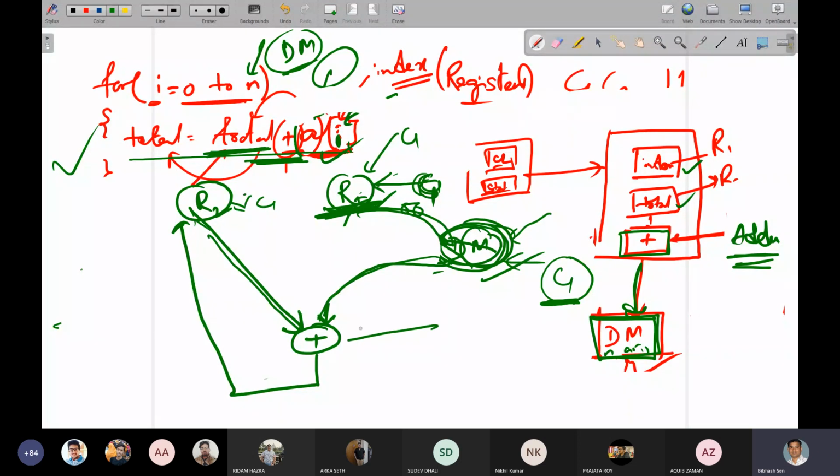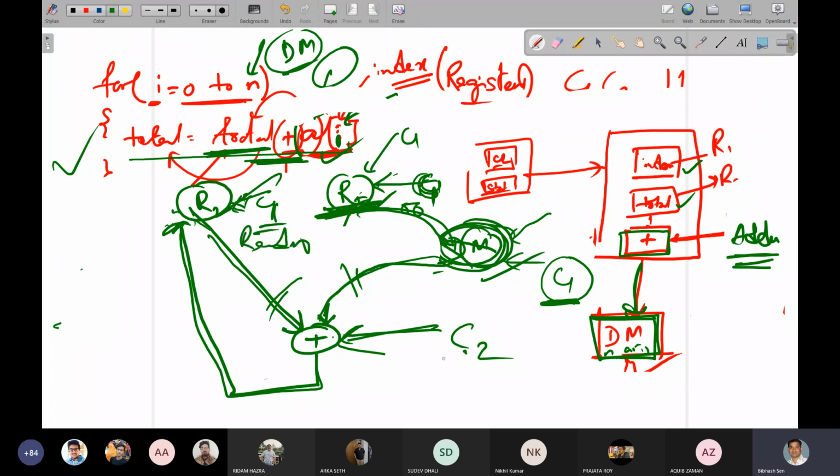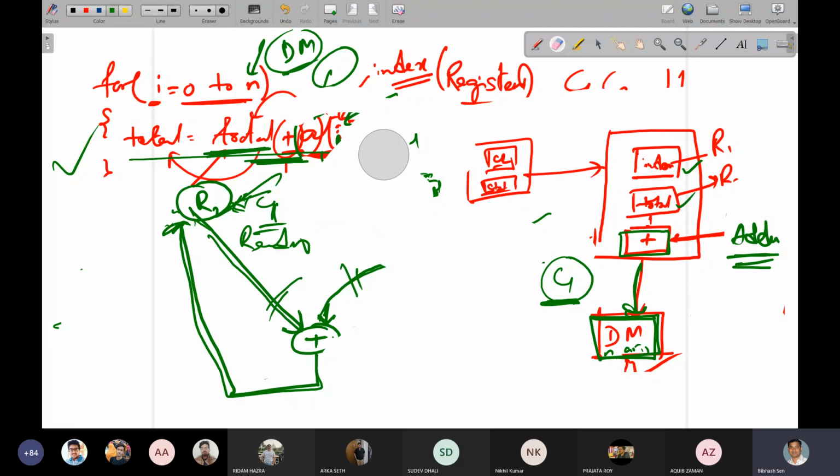But it will only be enabled when control signal C2 appears. When C2 appears, these two values appear here, and finally the addition is done and stored there. In C2 this is for writing and in C1 this is for reading. So two control signals perform different tasks. That is how the calculation takes place.